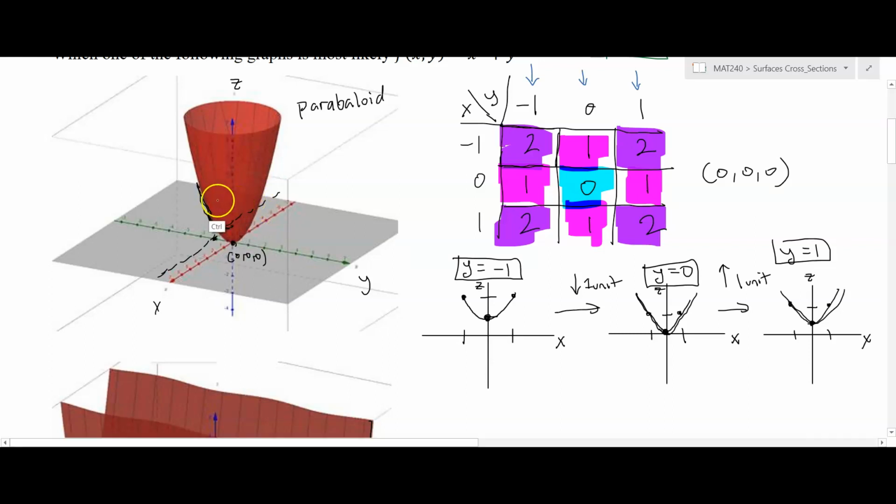So let's see, maybe more like this, we'll just say. So that parabola that we see there corresponds to y equals -1. Now when y is set equal to 0, that's everywhere where y is equal to 0, what I get is a parabola that starts down at the origin and looks like this.